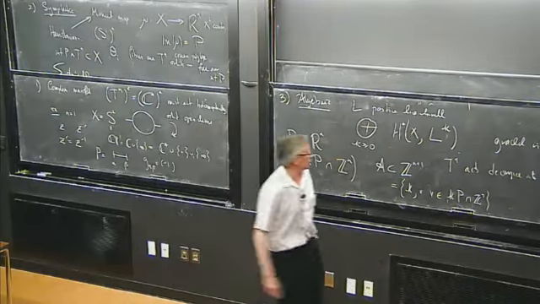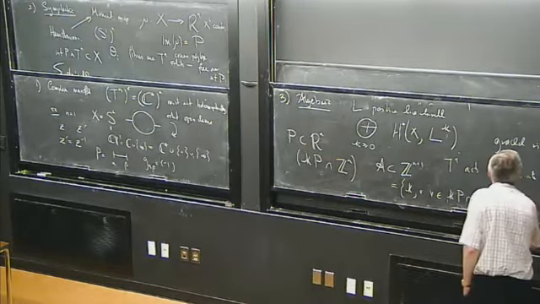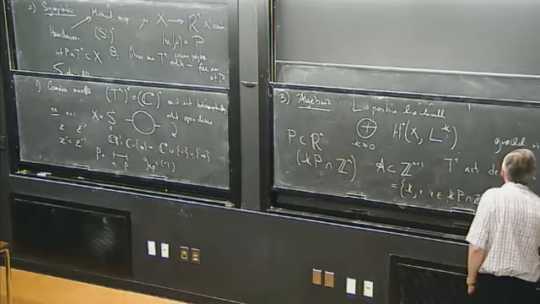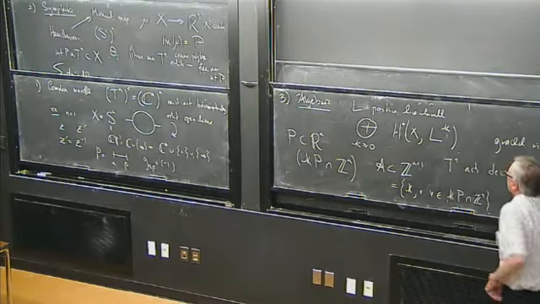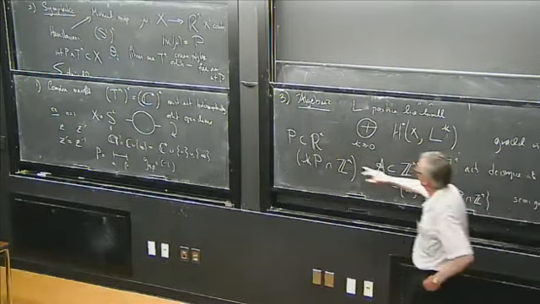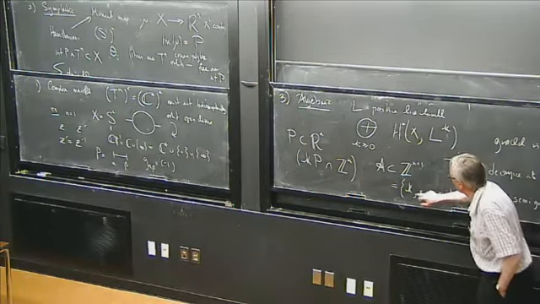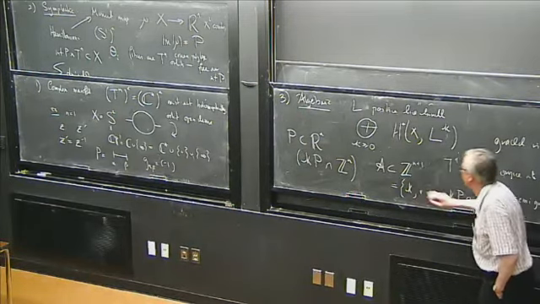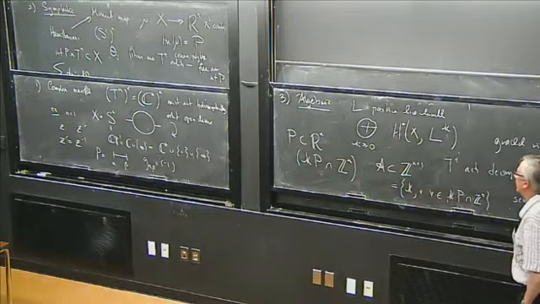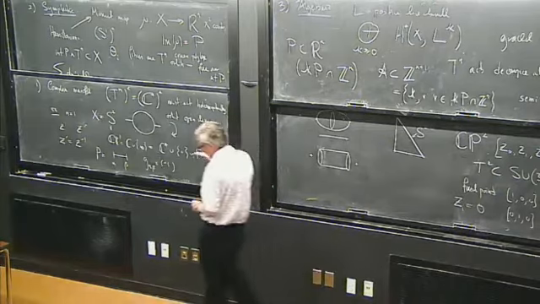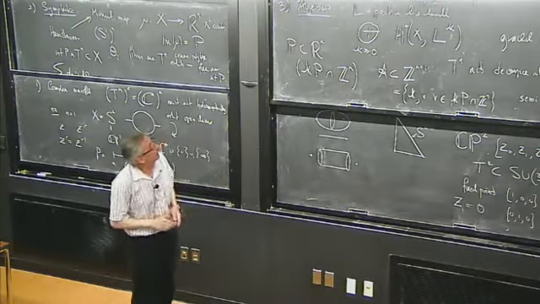So this thing forms a semigroup. The fact that P is convex means that if we have one pair inside here, and another pair, and we add them, then we get a third such pair.